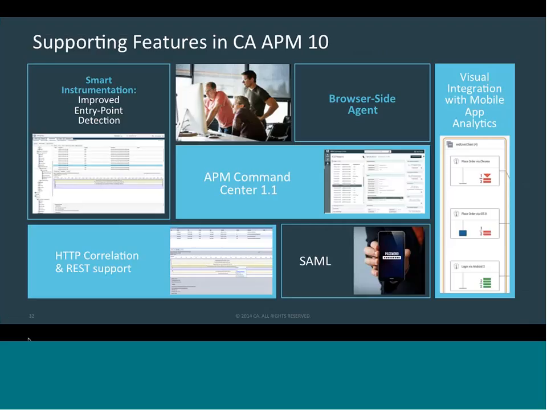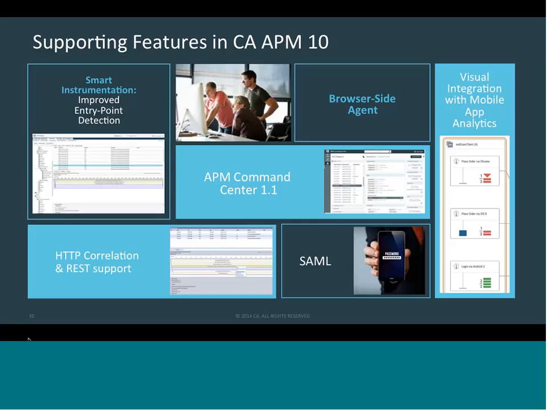We've got new integrations with the mobile app analytics product and the browser-side agent there. BRTM is being worked on, which, for those of you who know BRTM, is now being referred to as the browser agent. The Agent Command Center is a new UI for the daunting task of keeping track of all the agents that you have deployed, and that's actively being developed and features are being added to it post APM 10 too.